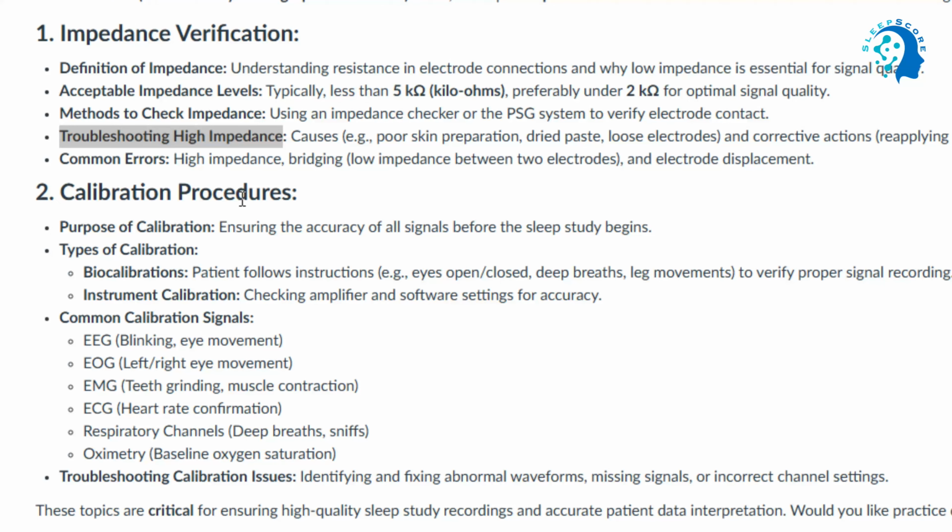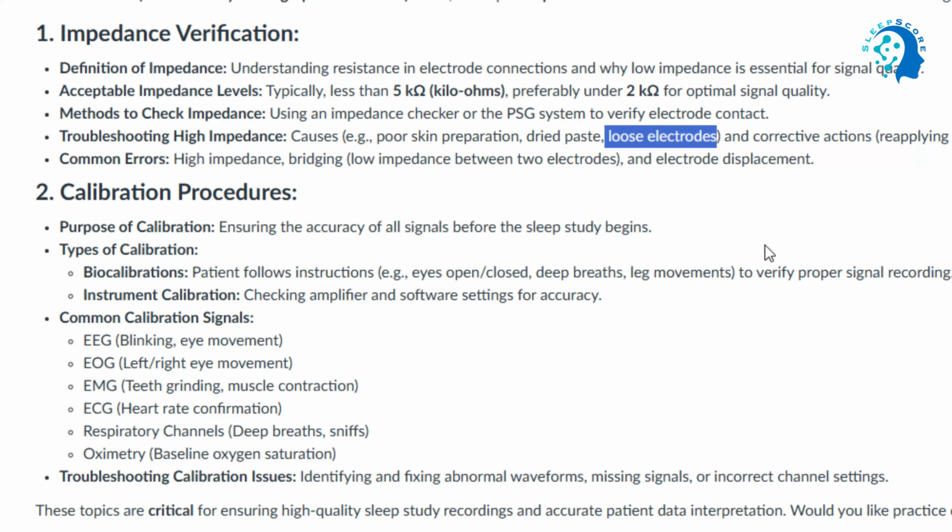And how can we fix it? It says, what is the cause? Causes like poor skin preparation. The high impedance can happen because of poor skin preparation, dried paste. The Nuprep paste, if it is dry, no good Nuprep, that happens.